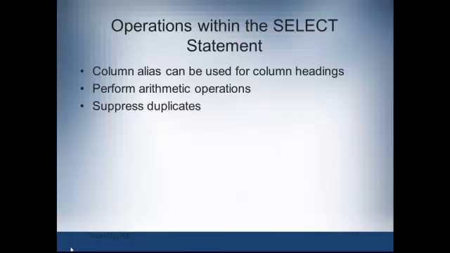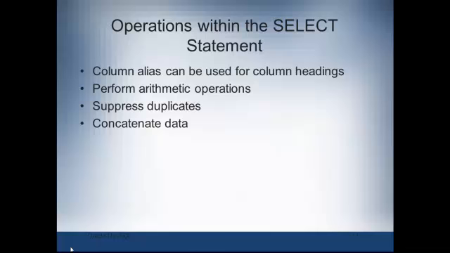So if you have multiple books by one author, you can suppress the duplicates and simply get a list of the authors that you have available. Okay? And again, we'll see an example. I don't know if the example will be suppressing the authors column from the books table, but something along those lines.